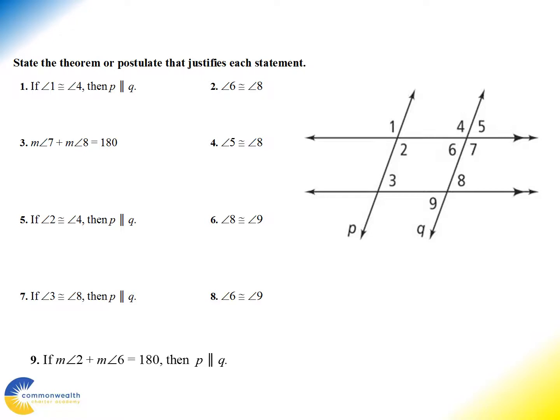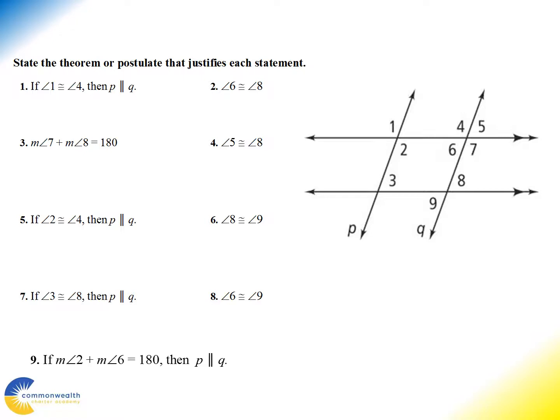So for number one, we're being told that angles 1 and 4 are congruent, and we can see their location with respect to each other. They have nothing to do with the two parallel lines because they basically have the one line marked parallel as its transversal. So I'm not going to be able to say anything about those two horizontal lines, which I already know are parallel anyway. But it looks like it's P and Q that they differ on.